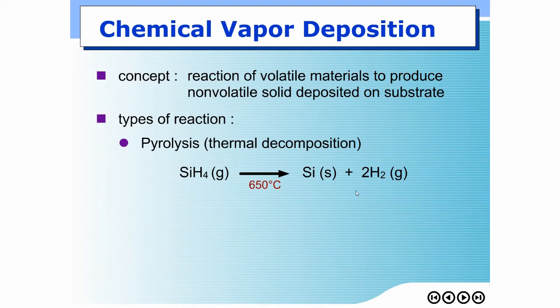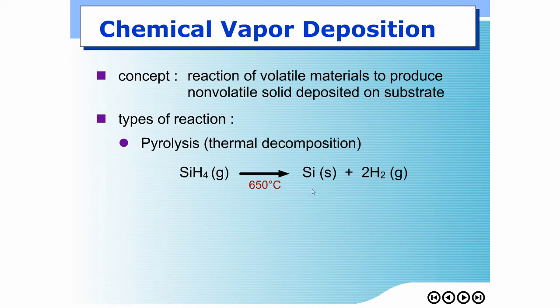Another thing that you need to consider is that this reaction takes place at 650 degrees Celsius. So how can we control the reaction to take place only on the substrate, not in the vapor above the substrate? If you put the substrate into an oven and you set the oven at 650, as soon as these reactants enter the oven, this reaction occurs, right?